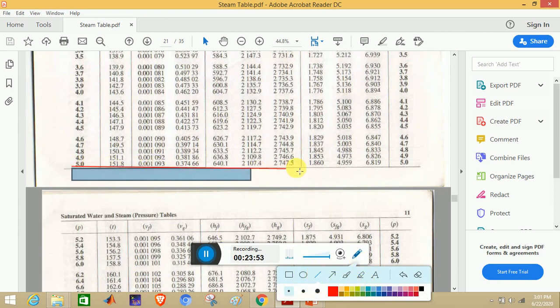This is the hf value, this is the hfg value, and this is the hg value. In this way we can easily find the different values from the given table.